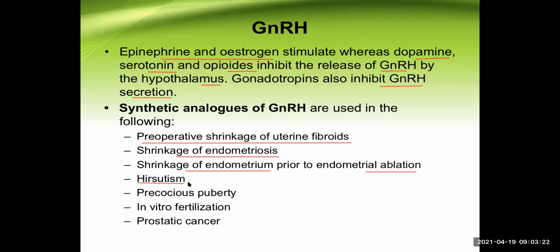Hirsutism is caused by androgen. So if you inhibit the release of androgen from the ovary, hirsutism may not occur. That is the mechanism here. Precocious puberty, which is also due to estrogen, in vitro fertilization, and even prostatic cancer. So all these uses are there.